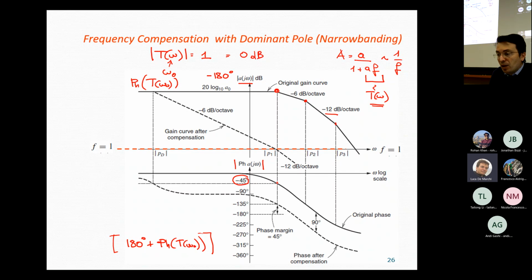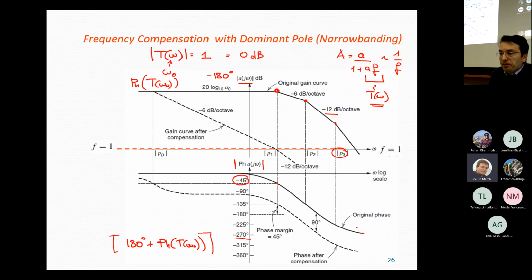Then the phase tends to further decrease after the first pole. Then we have the 90 degree phase loss due to the second pole, and finally another 90 degree phase loss due to the third pole. At very high frequency we have a phase value of A of j omega which is around minus 270 degrees.